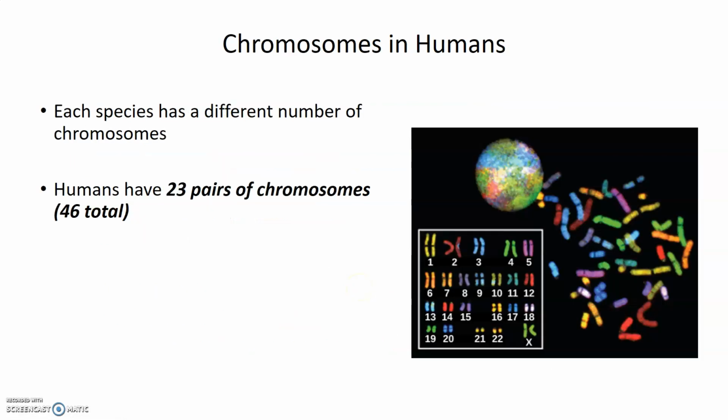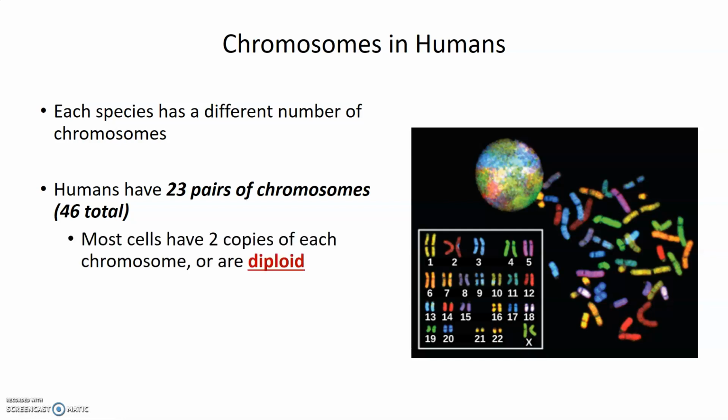Each species has a different number of chromosomes. Humans have a total of 46, organized into 23 pairs, right? So we have two copies of chromosomes 1 through 22, as well as an X chromosome. So 23 pairs or 46 chromosomes in total. And because most cells have two copies of each chromosome, or a pair of each chromosome, they're what's known as diploid.